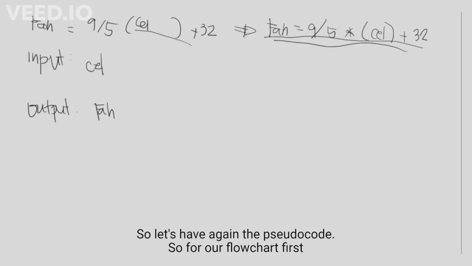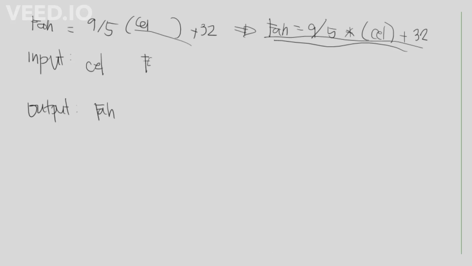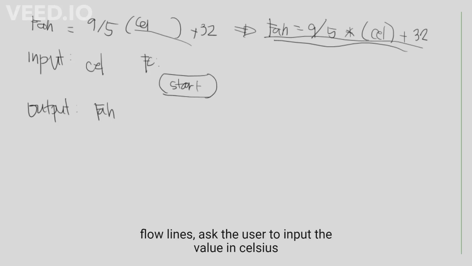So let's have again the pseudocode. Flowchart first. Again, I have the start, flow lines. Ask the user to input the value in Celsius.